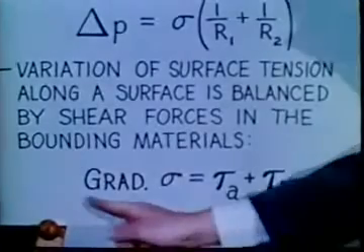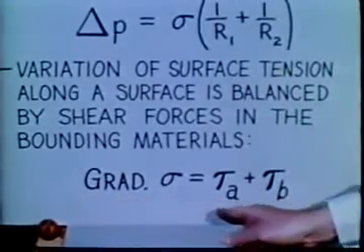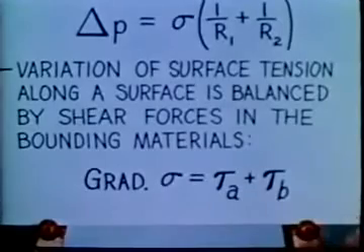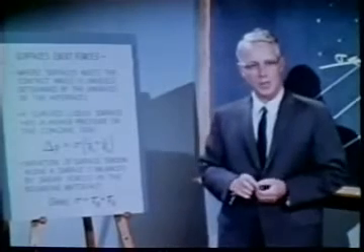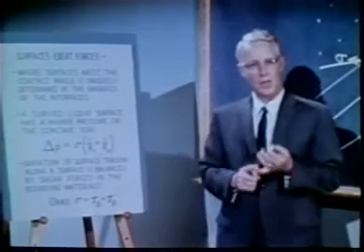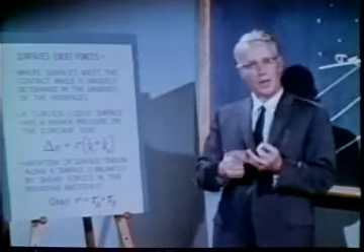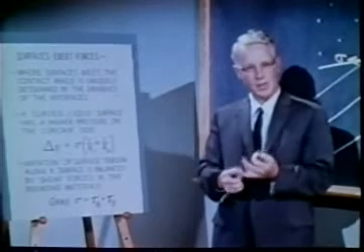There are three things that cause variation of surface tension: the kinds of molecules that get into surfaces, the electrical conditions at the surfaces, and the temperature of the surfaces. For example, ether molecules lower the surface tension of water.